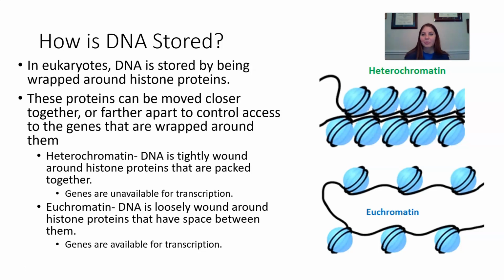Heterochromatin is whenever DNA is tightly wound around histone proteins, and those are packed very tightly together. Genes are unavailable for transcription. Now in euchromatin, DNA is loosely wound around histone proteins. There's a lot of space in between, and this does allow for transcription to occur.